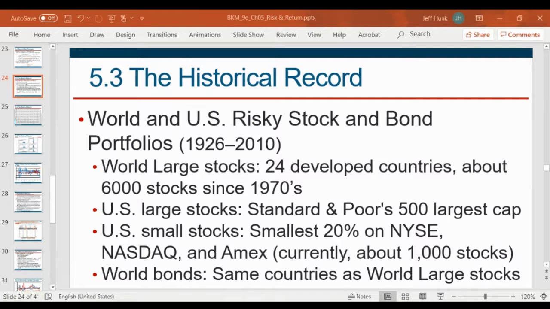Now, you may wonder how they pick the world's largest stocks.